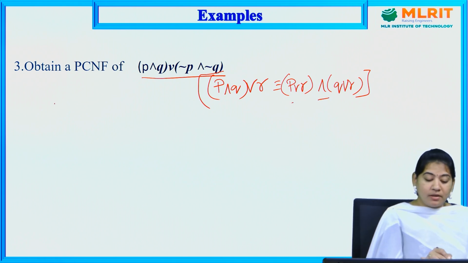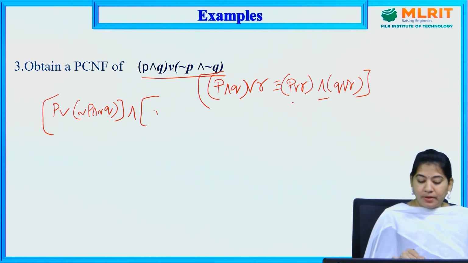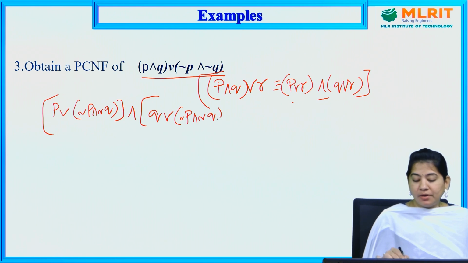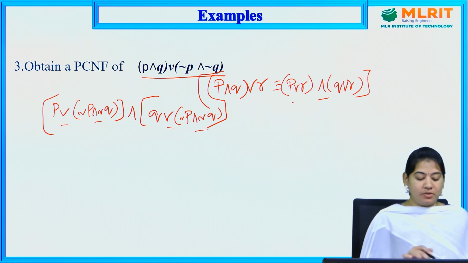Just apply this formula: P or R, where this R is negation P and negation Q, and Q or R, negation P and negation Q. Again, we have different connectives here, so we need to apply the distributive formula again.